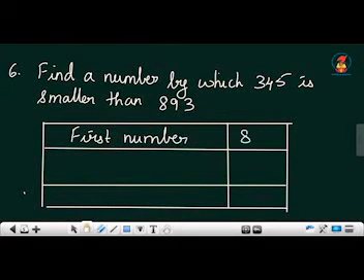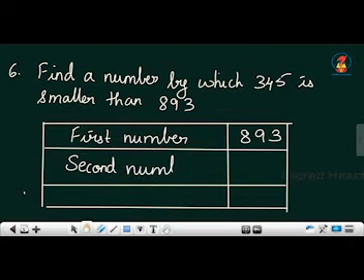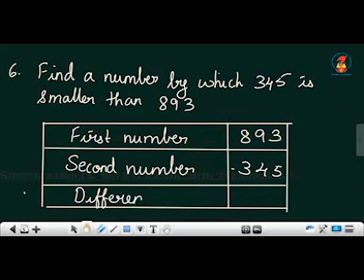This will be the first number, the bigger one, 893. Second number. What is the second number? 345. Minus it. What's the question? Find a number by which 345 is smaller than 893. So, what will be the answer? For answer, you can write the word as difference. Difference.